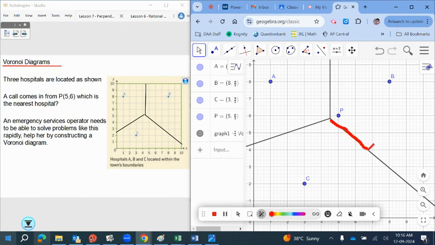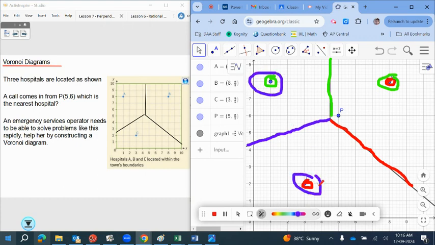This edge here is the perpendicular bisector of sites B and C. This edge here is on the perpendicular bisector of sites A and B. This edge here is on the perpendicular bisector of A and C.